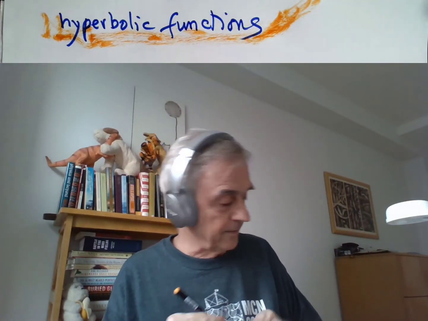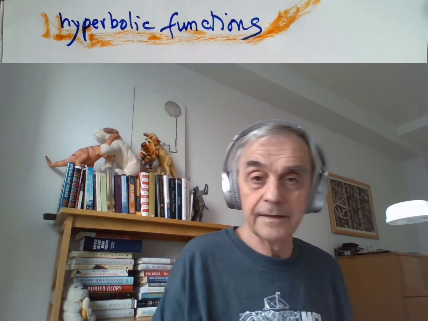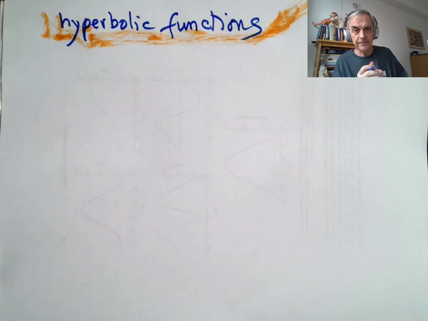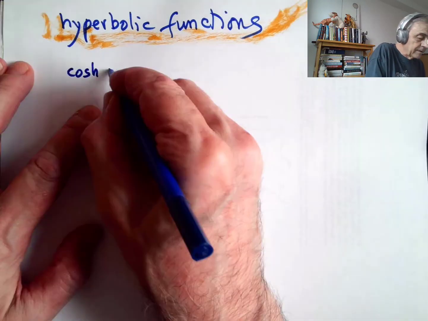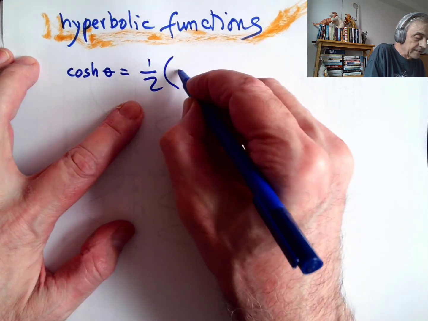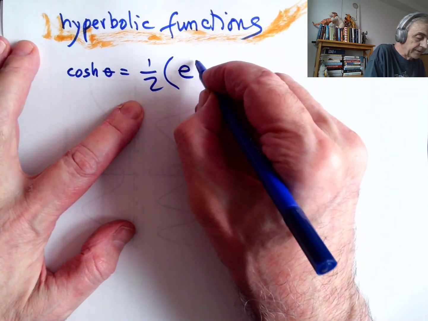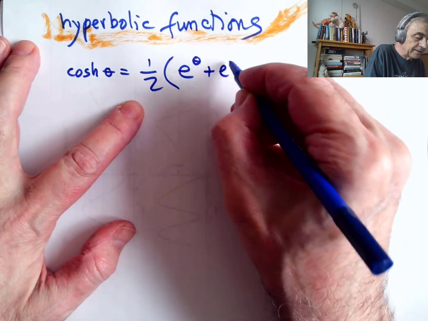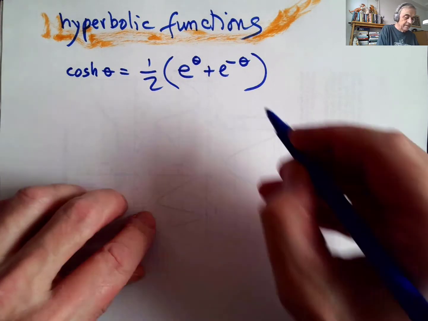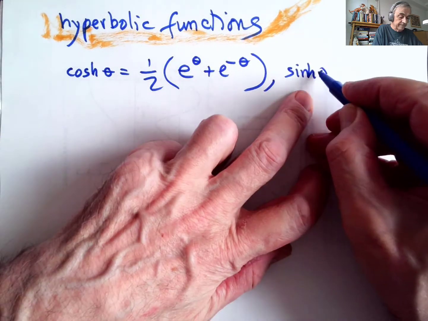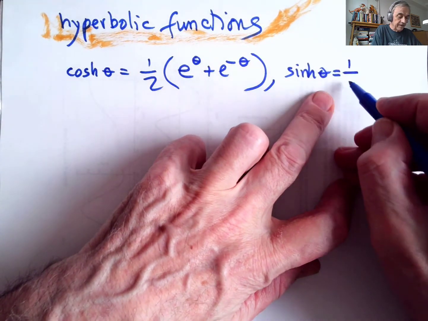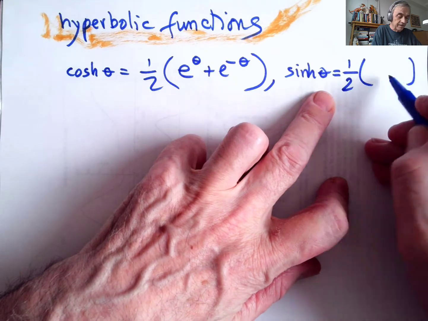Hyperbolic functions are also very simple. We can define them by analogy, except now we have real rather than imaginary exponents. Cosh theta equals 1/2 (e^θ + e^{-θ}), so a sum of two exponentials. And sinh, the hyperbolic version of sine, is the same, but with a minus sign.